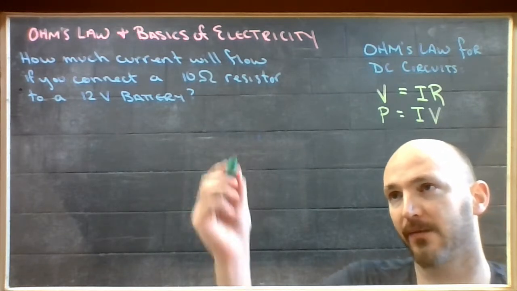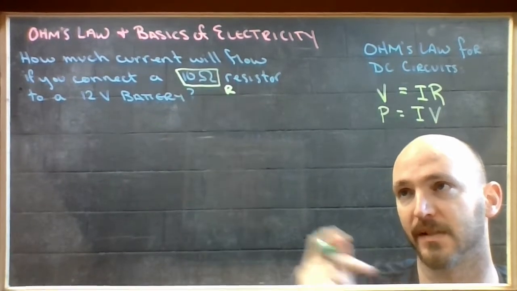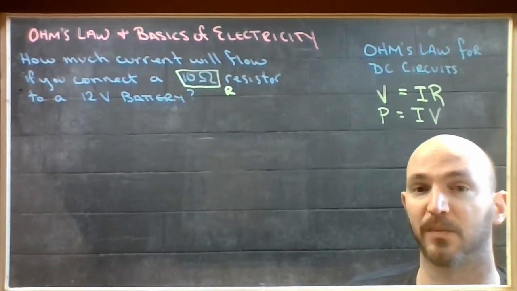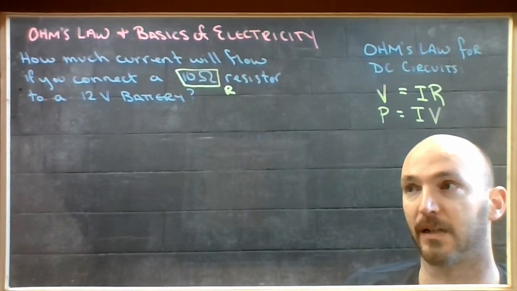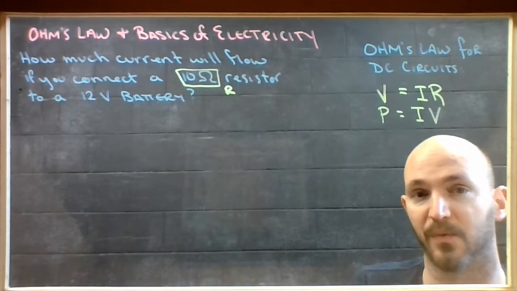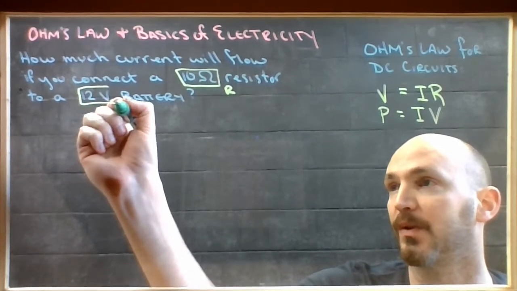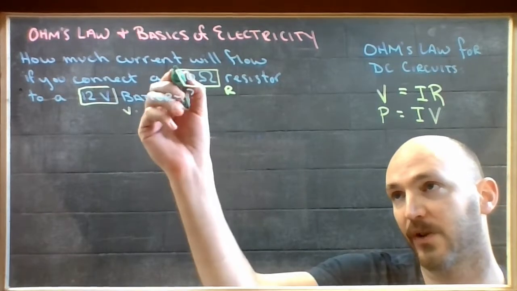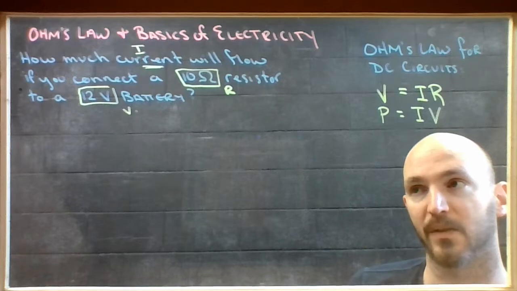Well, I have this thing in ohms there, so that's a resistance, and that's a property of this thing. This 10 ohm resistor could be a radio, could be a light bulb, it could be your toaster, whatever it is, it's providing 10 ohms of resistance to the circuit. And I have this thing here measured in volts, so that's a voltage. And I've been asked for current. So current is the I in all of my equations.